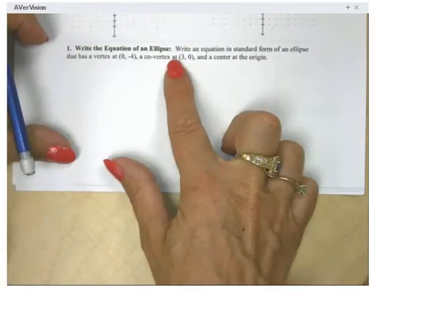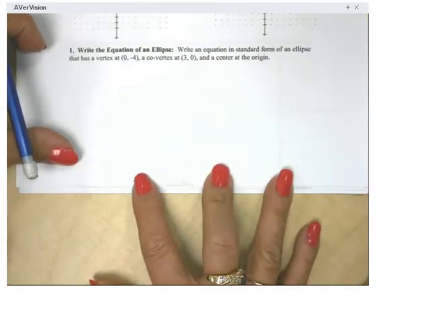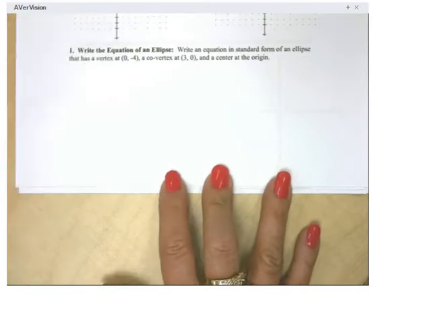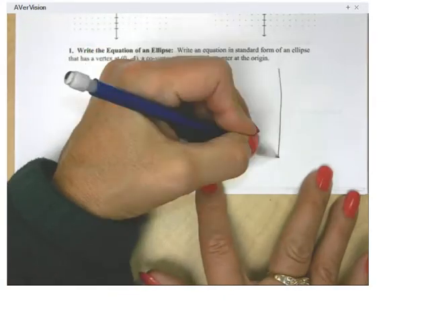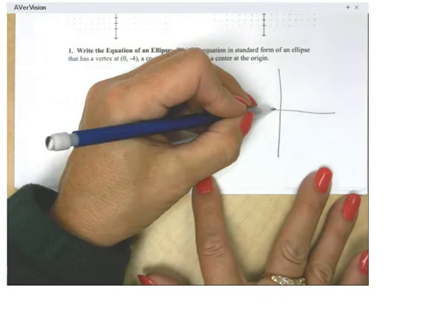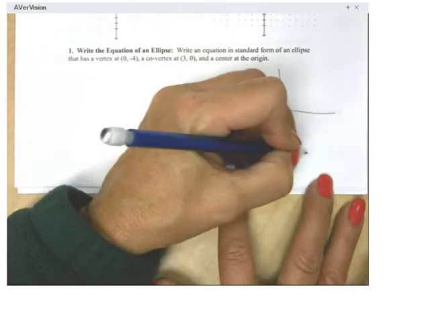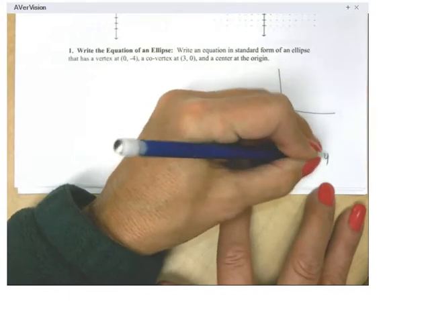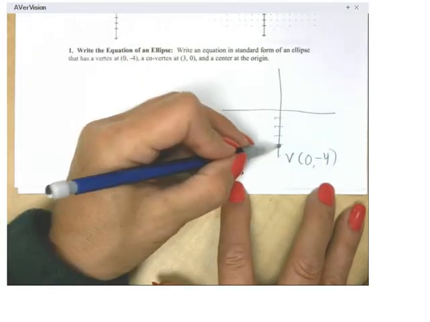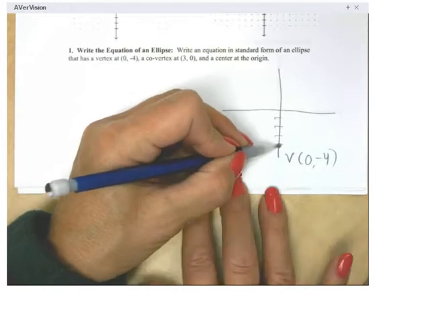Okay, so we want to write an equation in standard form of an ellipse that has a vertex at 0, -4. So 0, -4, 1, 2, 3, 4. And it's a vertex. So I know it's on the major axis. It's an endpoint of the major axis.